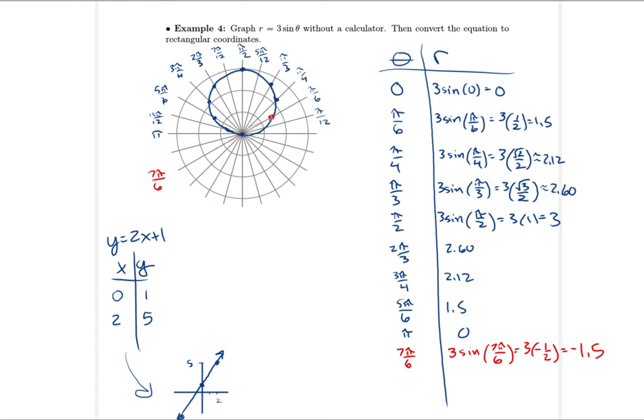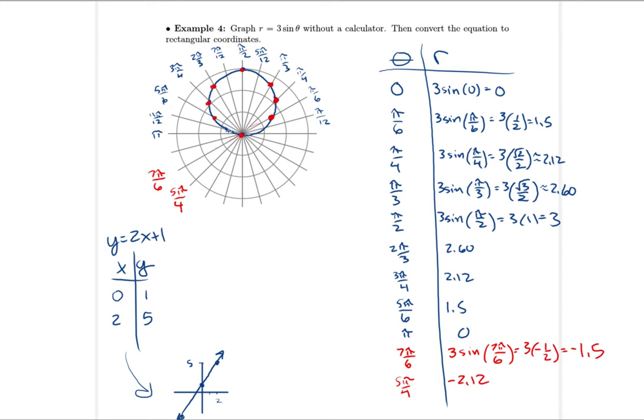If I was to do, let's see, 5 pi over 4, guess what I would get? Negative 2.12. So what does that mean? I'm at 5 pi over 4. Instead of going 2.12 out this way, I go backwards 180 degrees the other direction, 2.12. And so what happens in this particular one is as you do all the angles on the lower half of the circle, all the r's are negative.